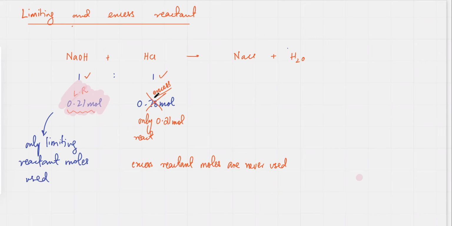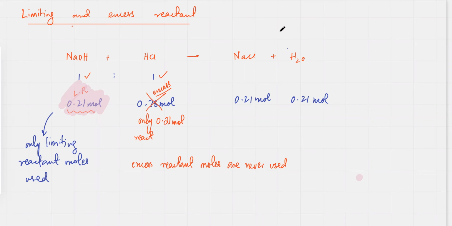That's not going to be used anywhere. I'm going to use 0.21 moles. It's 1:1, so this would be 0.21 moles, and this other one would also be 0.21 moles. Okay, that's what we're going to do.